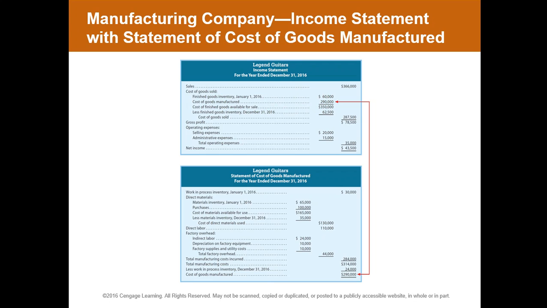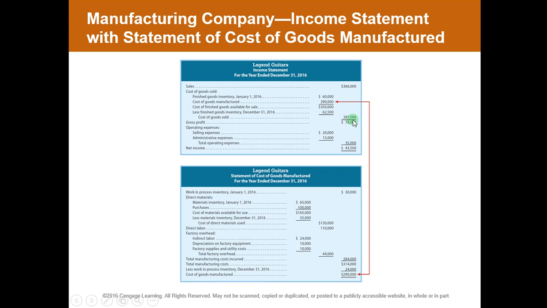December 31st, I took my final inventory. I had $62,500 left out on my showroom floor, so therefore I sold $287,500 of guitars.